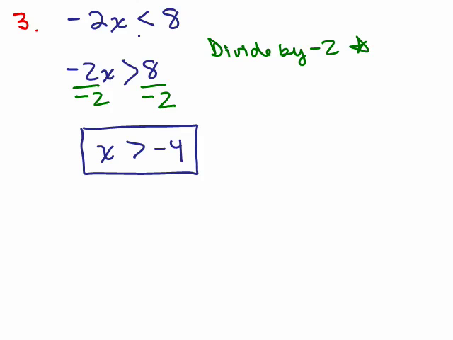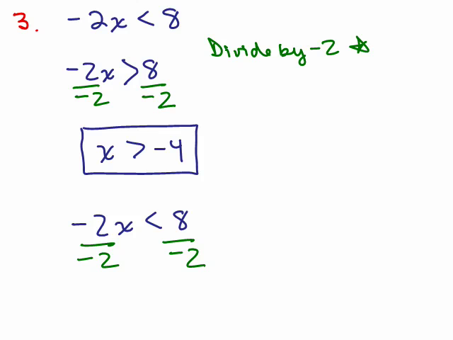Now, why did I have to rewrite the problem? The other way to do this is write negative 2x is less than 8. If you want to write divide by negative 2 over negative 2, this is wrong because that's a different answer. If you look at it very carefully, this says x is less than negative 4, which is wrong.